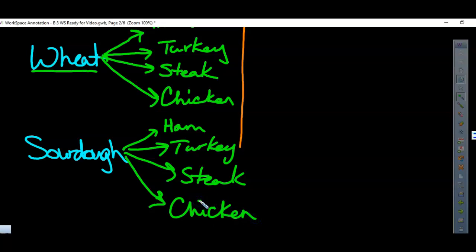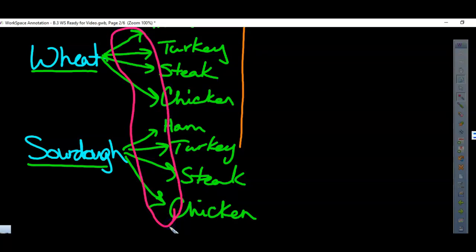Now again, to answer the question, how many different types of sandwiches? Well, our last choice represents the different number of different types of sandwiches. So we go to our last choice, which was right here, our last event, and we're going to count how many pathways were created to get there.